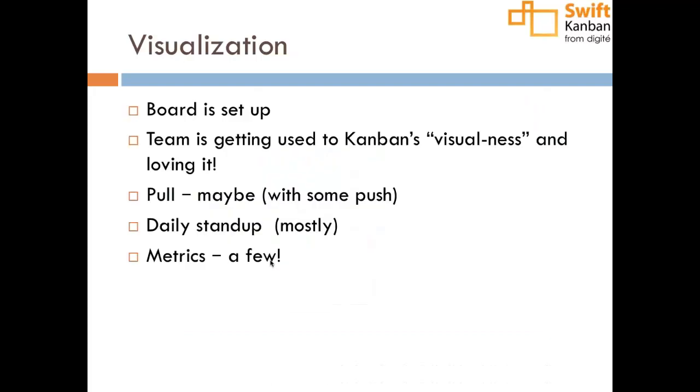And some of the things that drive this, some of the factors that are seen, some of the ways that you can probably relate to it yourself, is that you have the Kanban board set up, the team is getting used to the visualness and really loving it. While Kanban talks a lot about pull, and many teams are able to do it, there is still some initial getting used to the concept of pull, and so we've seen that many teams perhaps don't really get to pull.